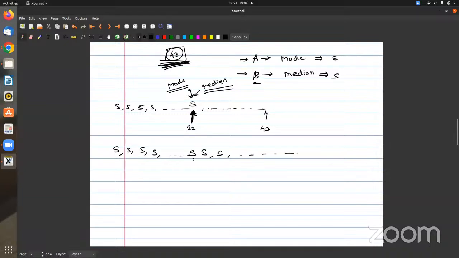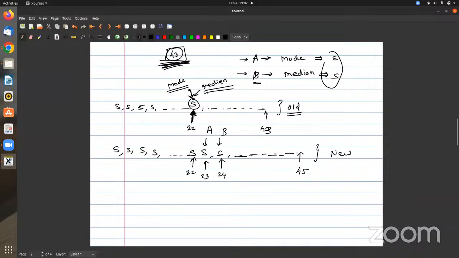The 22nd is S, the 23rd is S, and the 24th is S. The remaining can be anything, but S is my mode and median. After adding these two data points, it is 45. Previously it was 43, now it is 45 after adding A and B. This was my old data set, and this is my new data set.